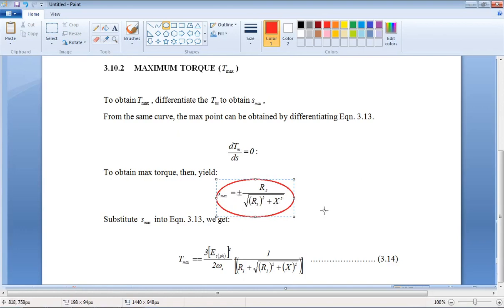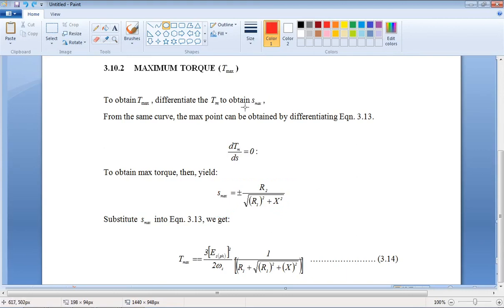Positive is for motor and negative is for generator. Then the value of this slip will be substituted into the equation of mechanical torque, and it will give you the answer for maximum torque.